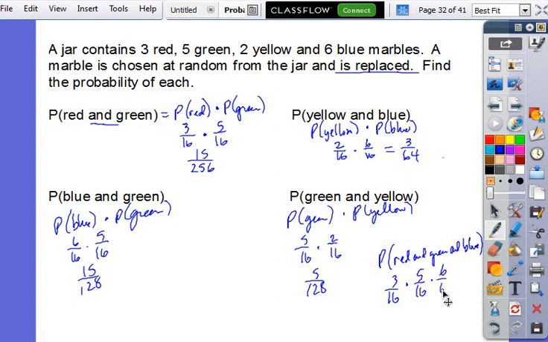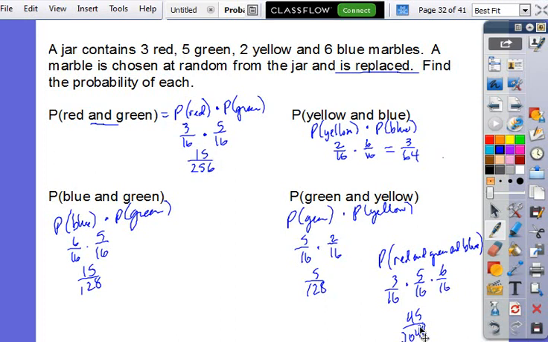So you would just type all of them in, multiply them all out. So if I do this, I would get 45/2048. All you're doing is typing them in, multiply them out, you got your answer. So independent should be pretty easy.